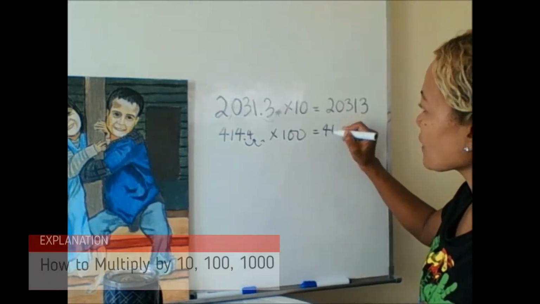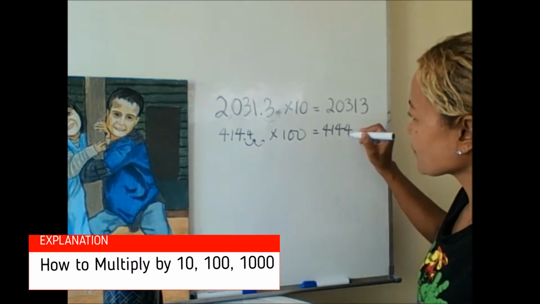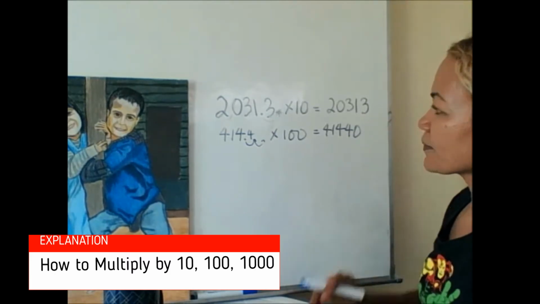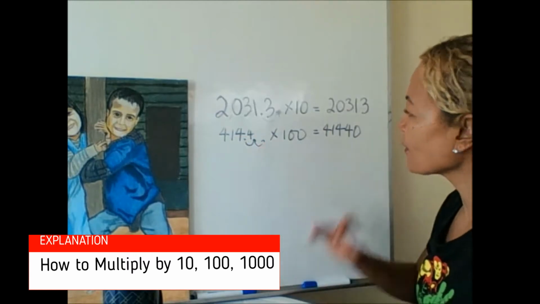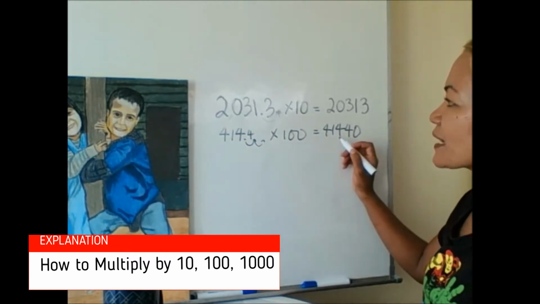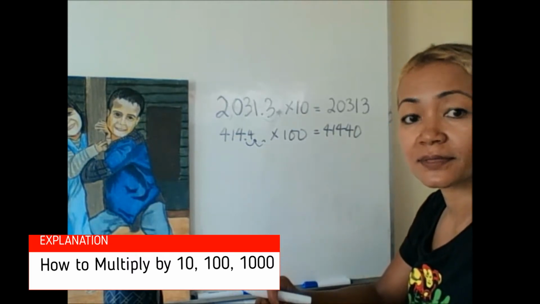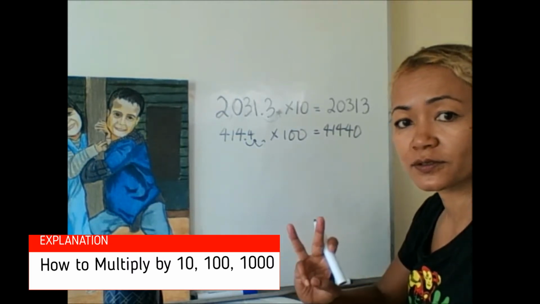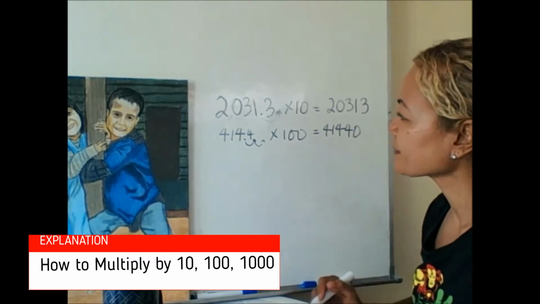So 414, we've moved the 4 and the 0. So the decimal place moved 2 times to accommodate that 4 and now the 0. So the answer is now 41,440 because the decimal place moved 2 places because of the 2 zeros on this one.